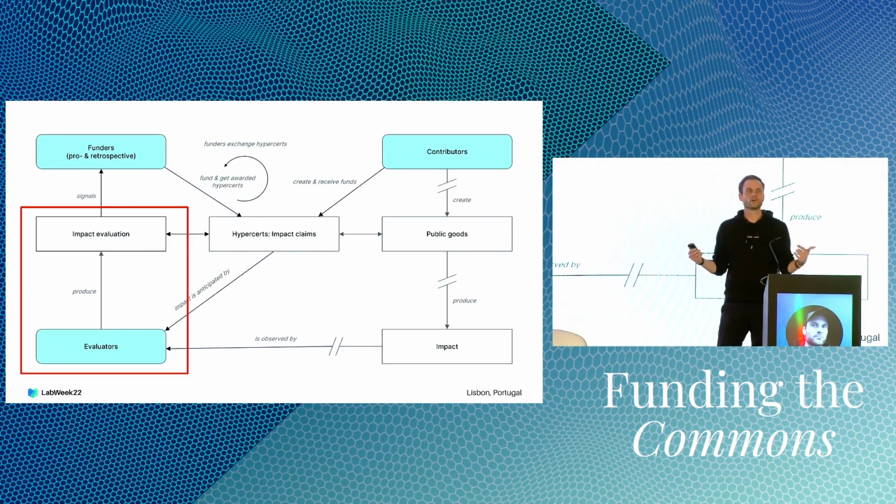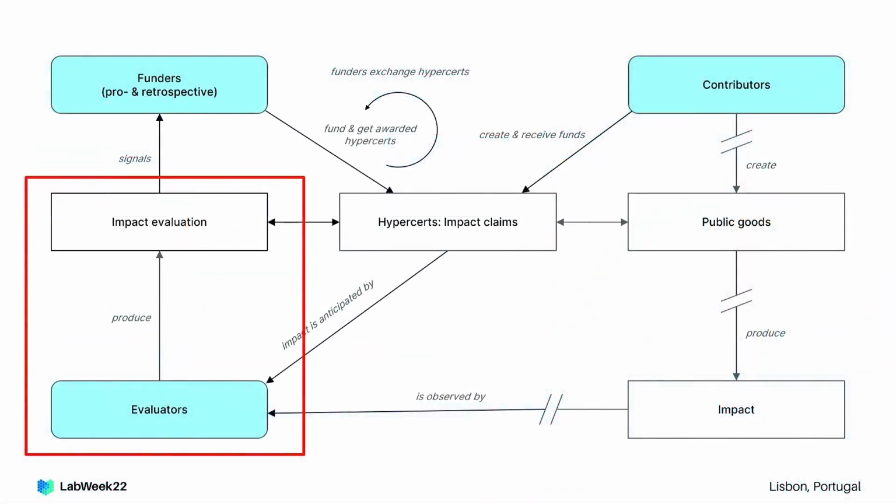Also, when we think about multiple funders, we also have benefits when the evaluation is done very publicly, so that evaluators signal to different funders, and every funder can rely on the signal instead of just doing their own primary research.